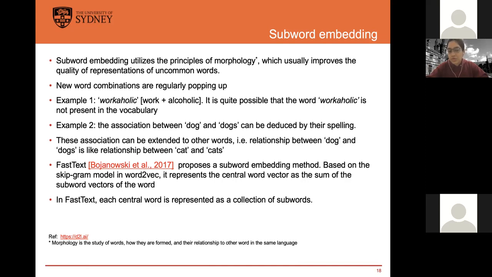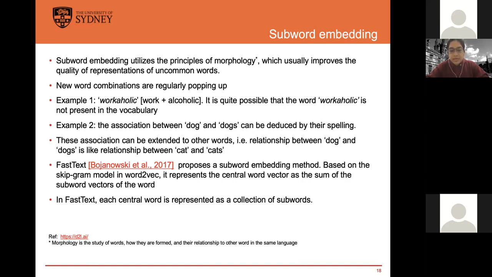It's not only in English, but in many other languages that people tend to combine words. For example, a word like workaholic you may not find in the dictionary, but you have the subwords in the dictionary.